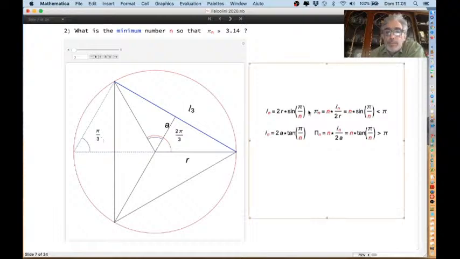So this is general and it works for any n.